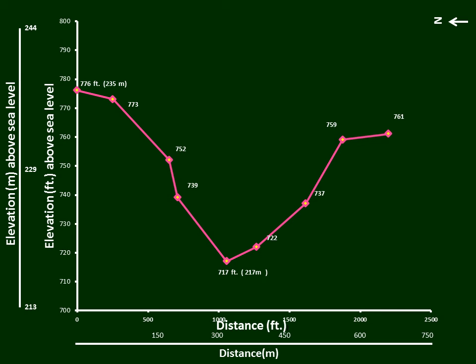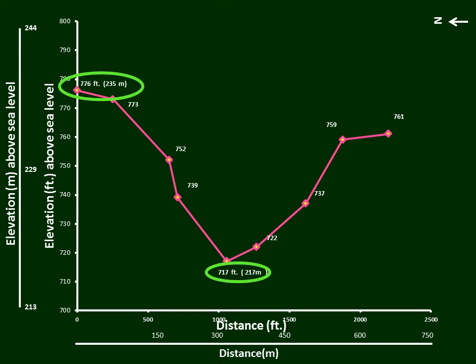And here it is. This is a schematic of the valley we're going to be talking about. And along this pink or magenta line, there are 9 locations that we're going to talk about in detail. The highest point is at 776 feet above sea level, or 235 meters.